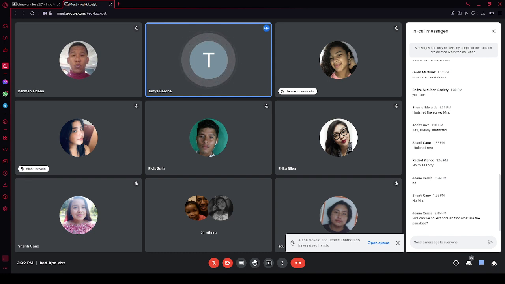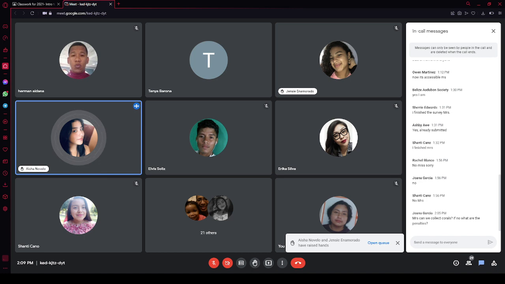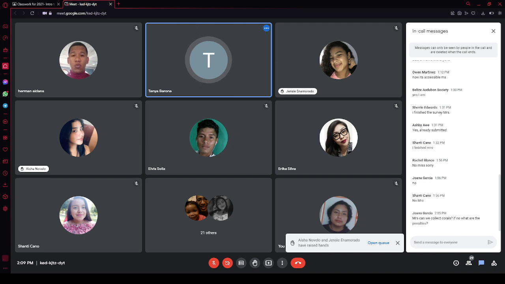Aisha, you have a question? Miss, when it comes to the corals itself, how large do they actually get, or do they come in bunches? It depends on the species. For example, you have a giant brain coral that will grow to almost 3 meters.